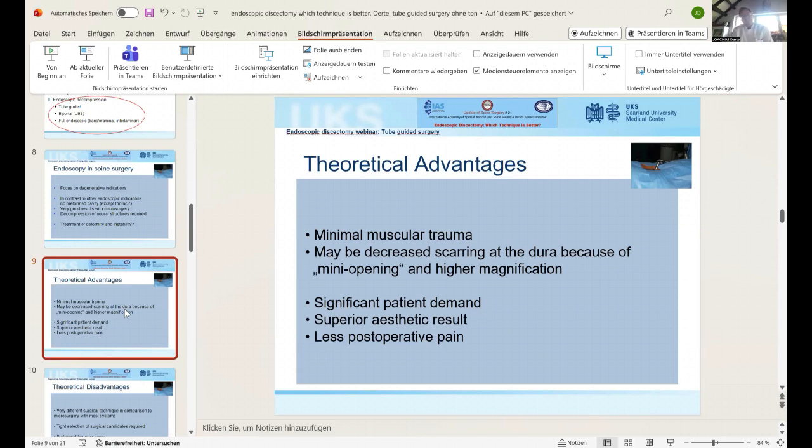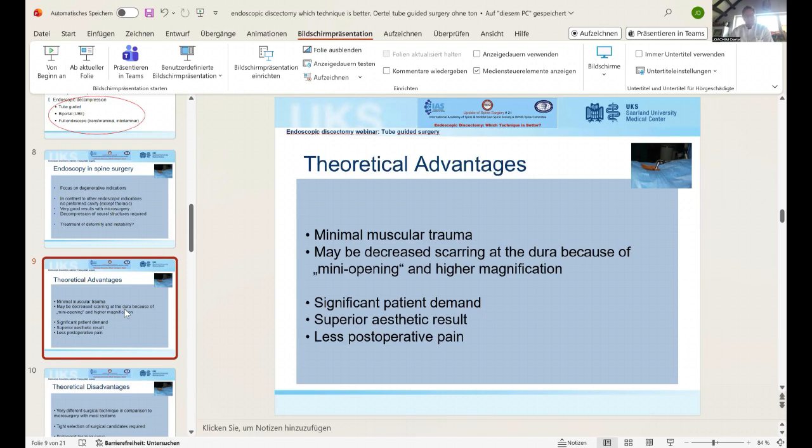But the idea was, because you have a very focused, small approach, small opening, this might result in less scarring and less exposure. And we have a significant patient demand. We have less post-op pain. And I think this is the most significant advantage. Many studies have shown that patients have a faster reconvalescence after the surgery.